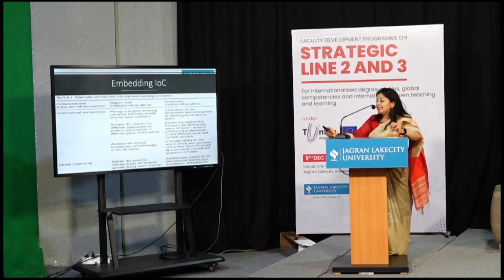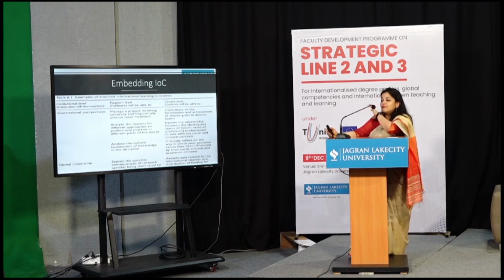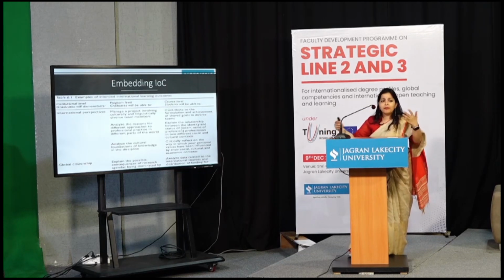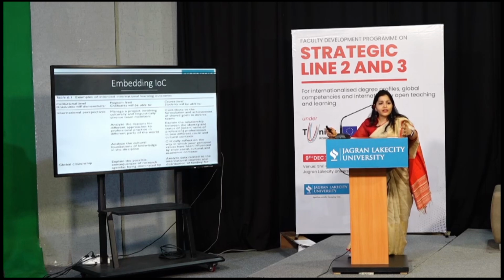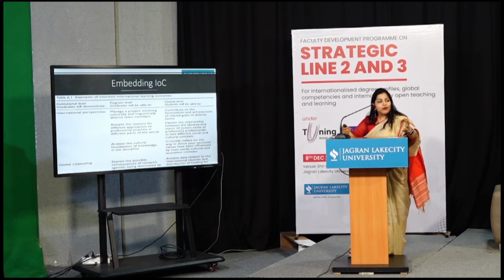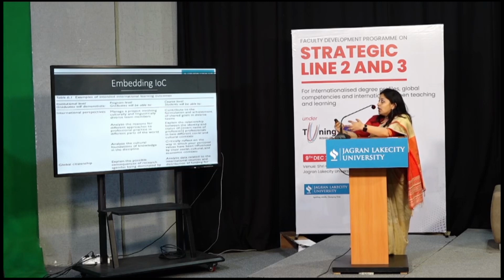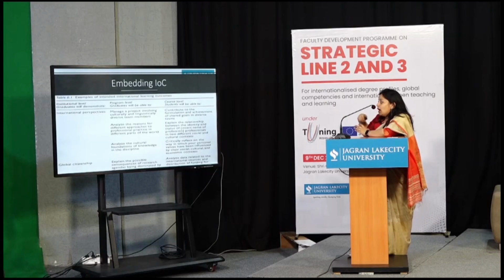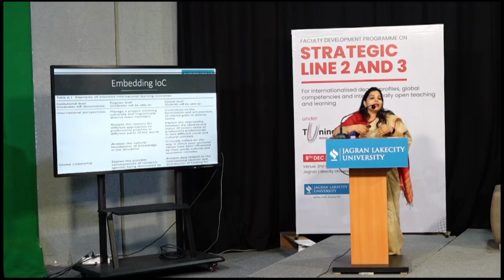Now at a program level, definitely what we need to do is manage a project. It's one example: suppose we are giving one project to our students, maybe we can include more diverse group members in that project. What will happen? It will definitely change our learning outcome, and the learning outcome of that course or of that student will definitely be better because that person has already worked with a diverse team.